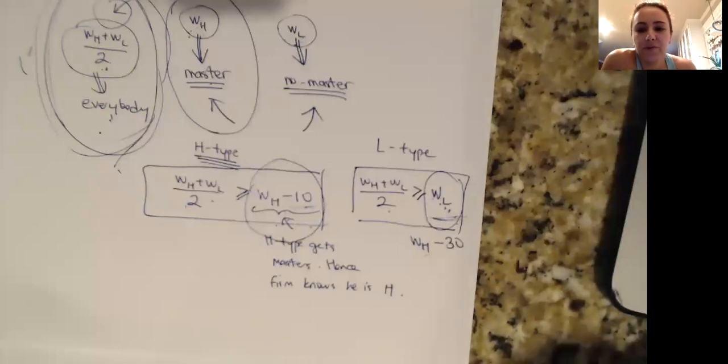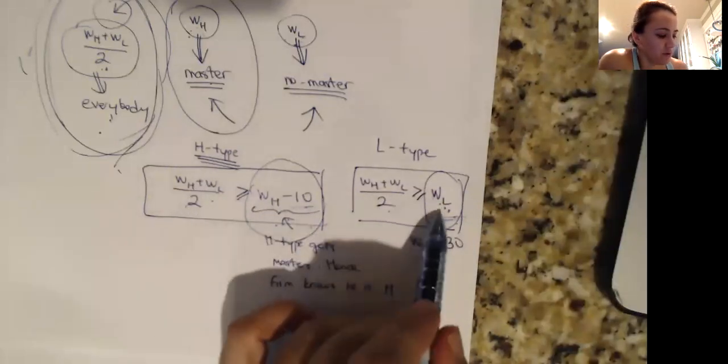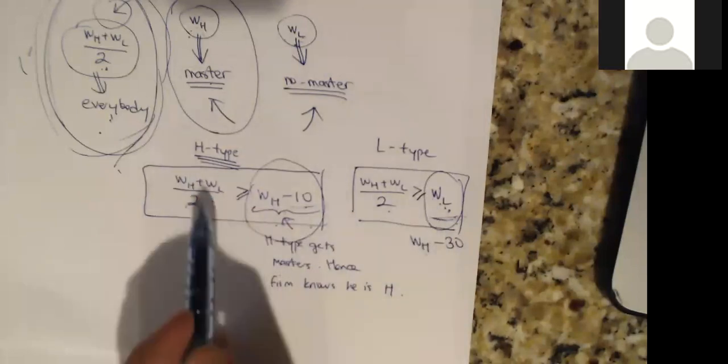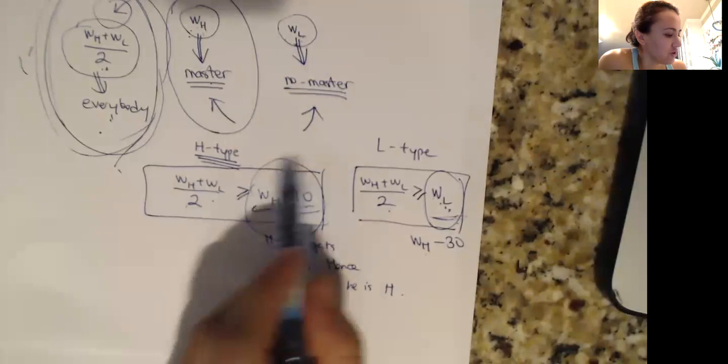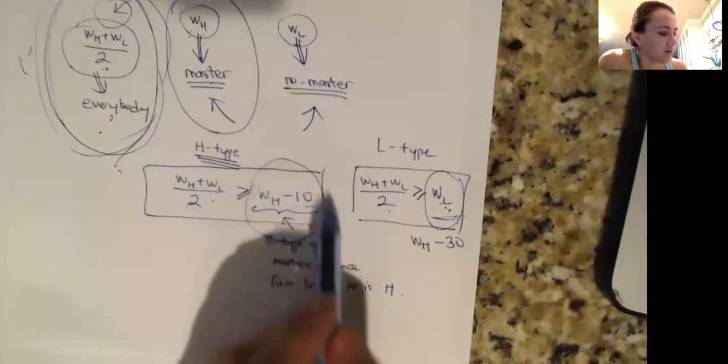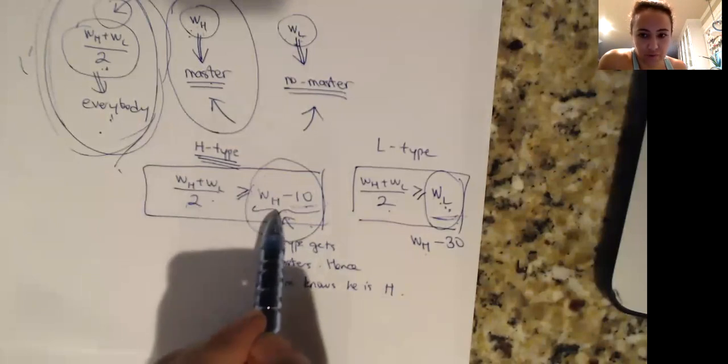If you look from the perspective of the worker, these inequalities belong to the worker. The worker says, should I choose the pooling one, or should I choose to get a master's degree and get WH? So this is from the worker's point of view.